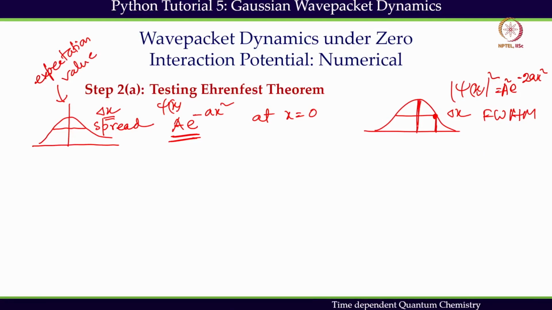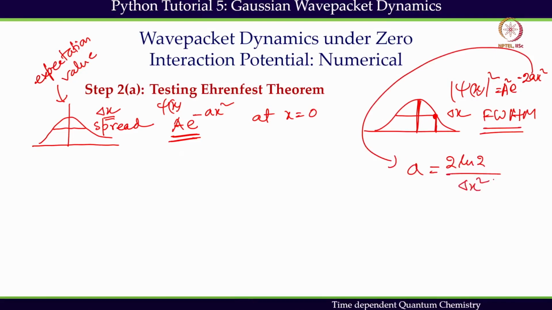So that's the way the spread of a Gaussian function can be described. And if we describe it as full width half max, then we get immediately, as we have also seen, a equals 2 ln 2 by delta x square. So full width half max delta x is defined with respect to its distribution function, not with respect to the wave function.